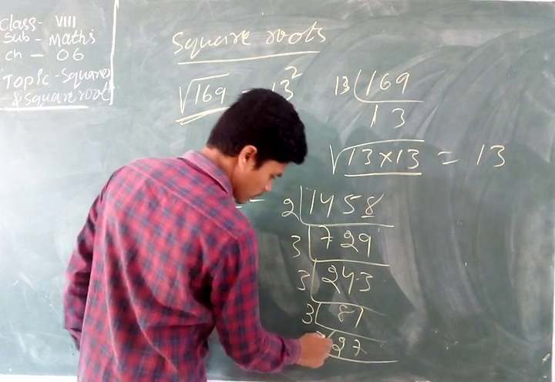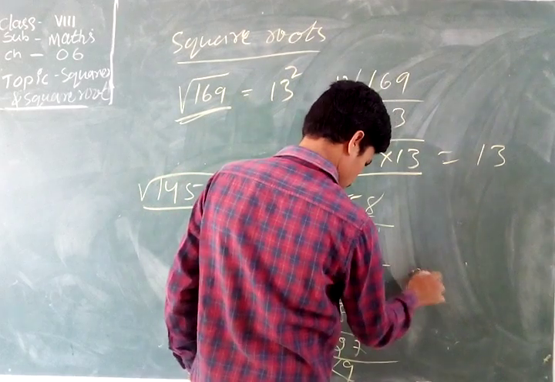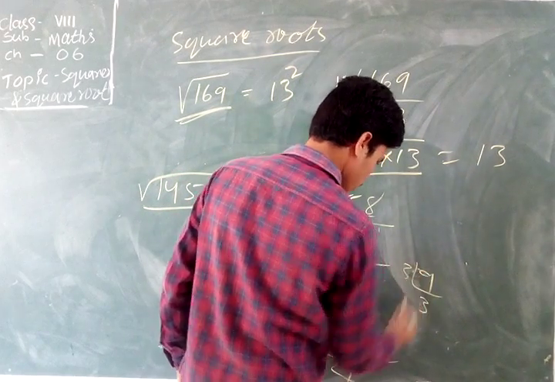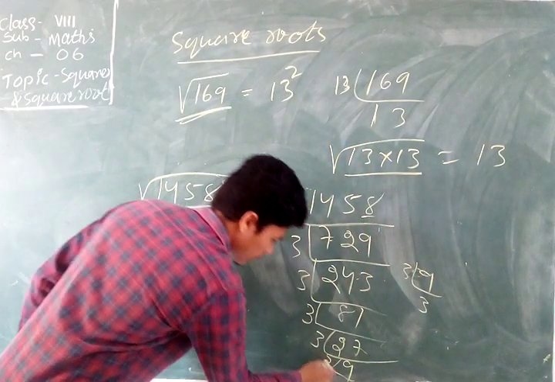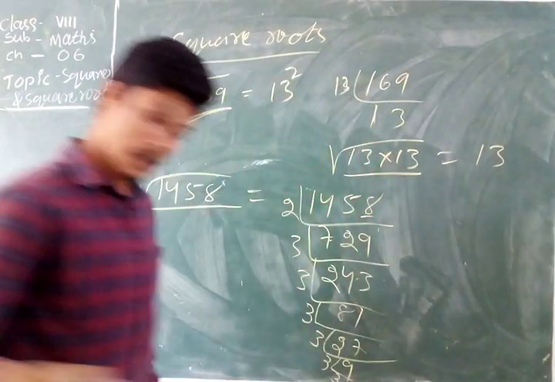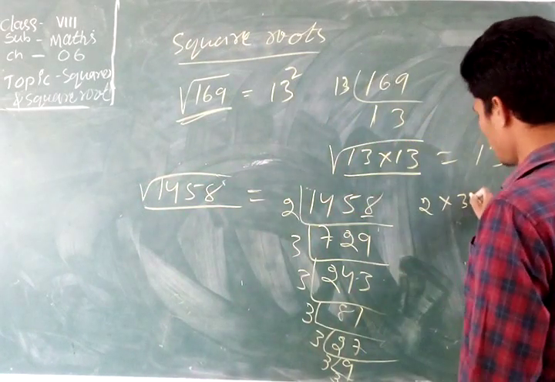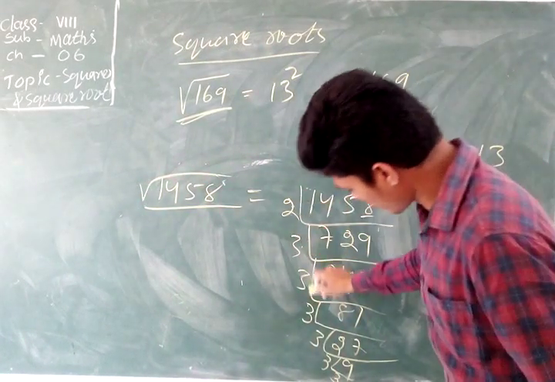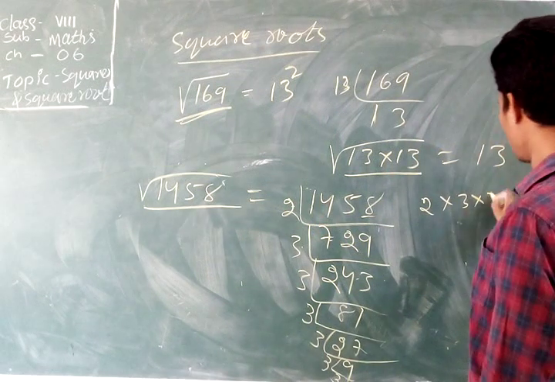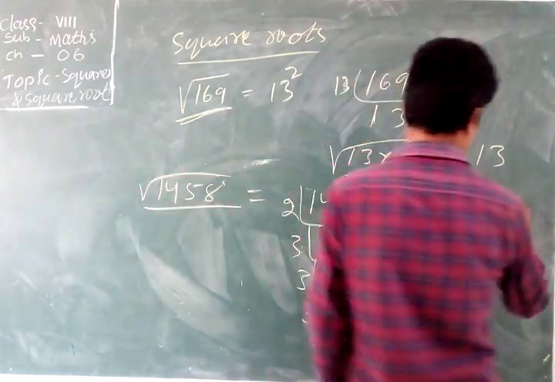3 times 9 is 27, 3 times 3 is 9, 3 times 1 is 3. Then write the factorization: 2 into 3 into 3 into 3 into 3 into 3 into 3. How many times is 3 there? 1, 2, 3, 4, 5, 6.